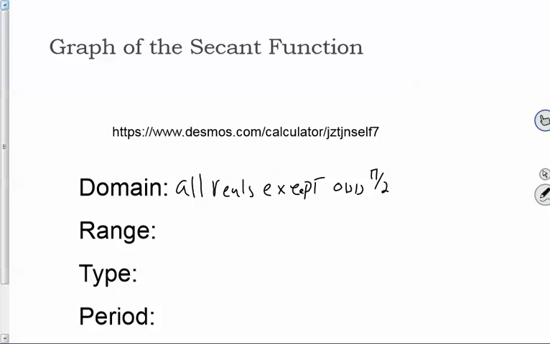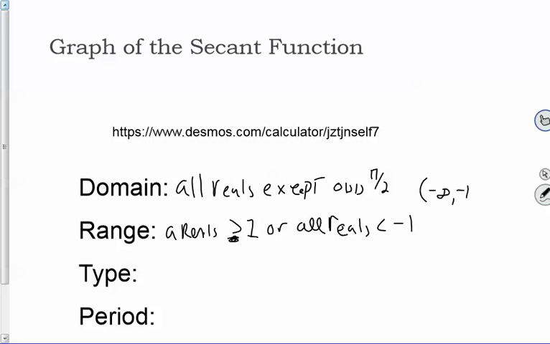The range: if you notice, the range is all reals greater than 1, or all reals less than negative 1. One way you can write this is as a union, that's the real fancy way of writing it.